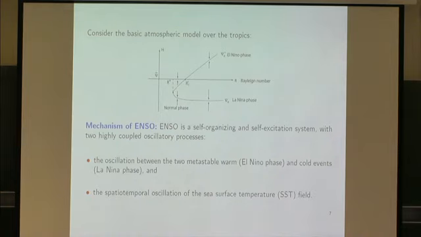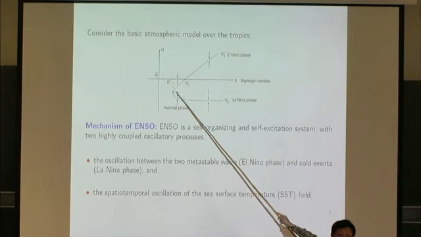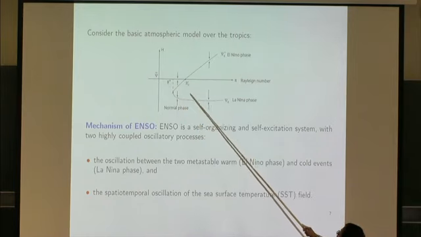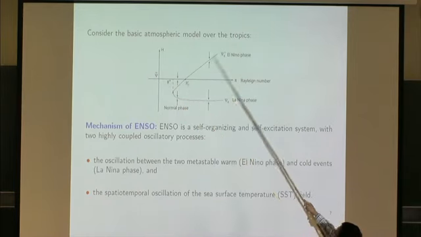The second oscillation is due to, for instance, the system still being in one phase, where the oceanic circulation gets stronger. When oceanic circulation gets stronger, the sea surface temperature decreases. This number is proportional to sea surface temperature. When sea surface temperature decreases, it drives the whole system to this side, and the system can end up in the normal phase or in the other phase again.